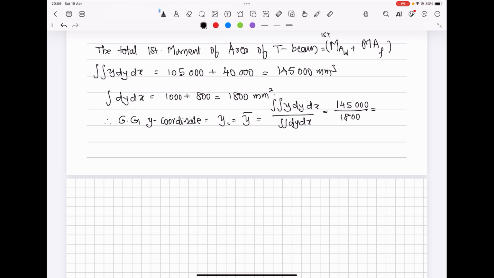You please calculate that. 145,000 divided by 1800 is equal to 80.56 mm. Center of gravity y bar is equal to yc is equal to 80.56 mm from the bottom x-axis.